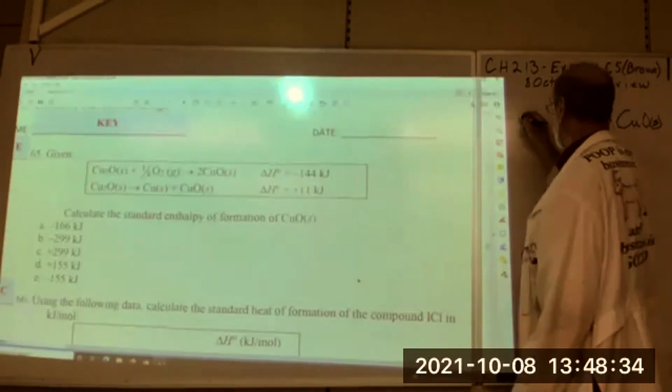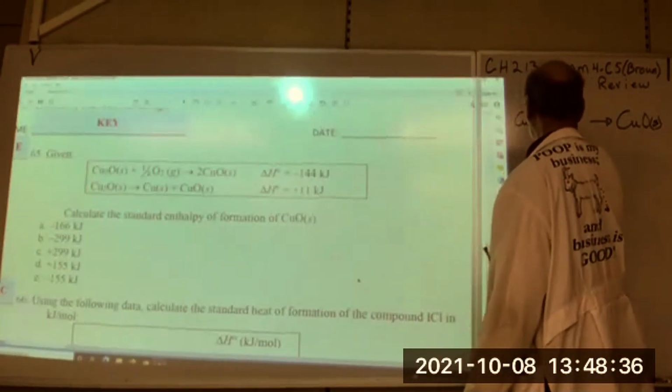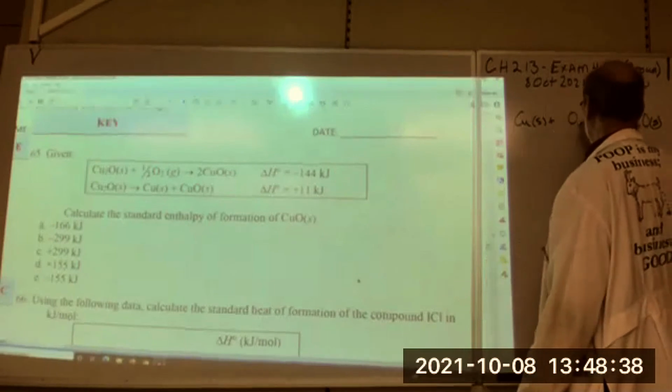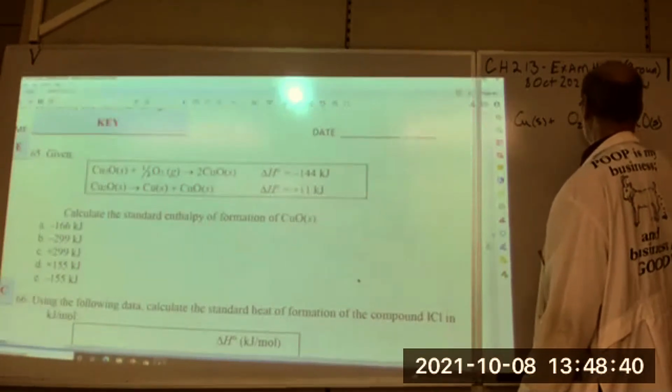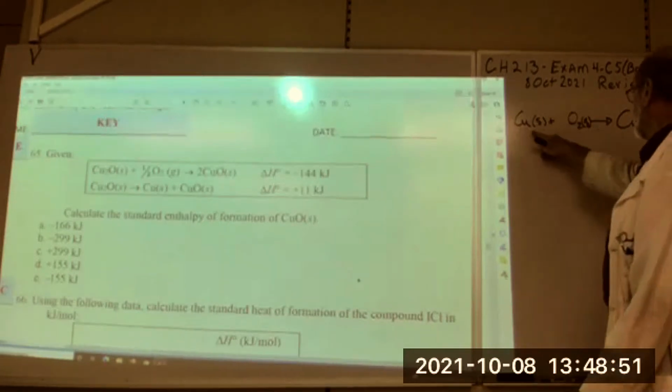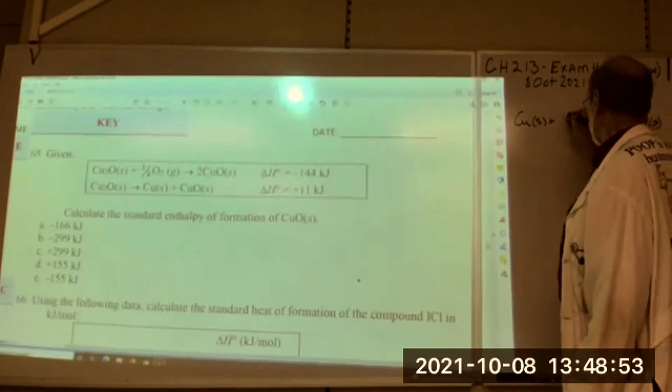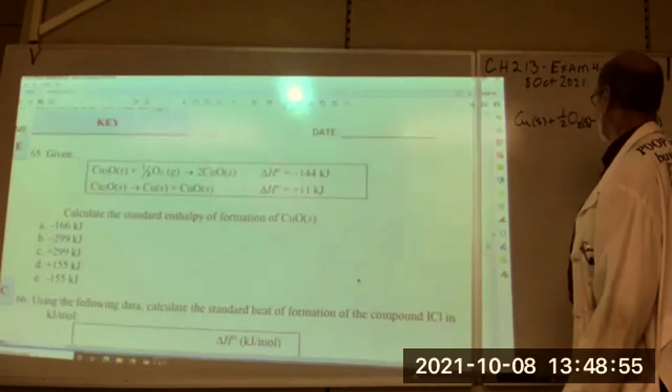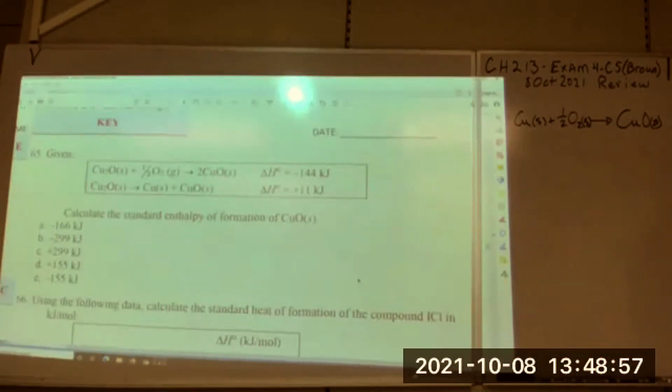So this copper solid plus O2 gas. Okay? Now, you can't touch this. It's always 1 mole. Always a coefficient of 1. So we have to use fractionals over here. One of these, that's good. This one is 1/2. Okay, so that's the target equation.